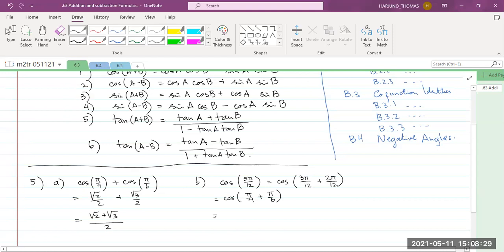Then we will use formula 1, cosine of a sum. This becomes cosine pi over 4 times cosine pi over 6 minus sine pi over 4 times sine pi over 6.